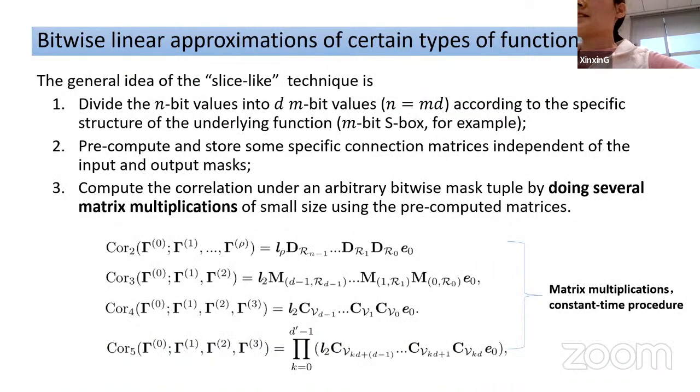The general idea of the slice-like technique is that first, divide the n-bit values into d n-bit values according to the specific structure of the underlying function, and then pre-compute the connection matrices, independent of the input and output masks. And finally, compute the correlation by doing some matrix multiplications, which is a constant time procedure.